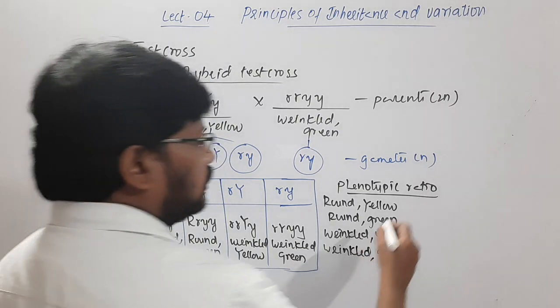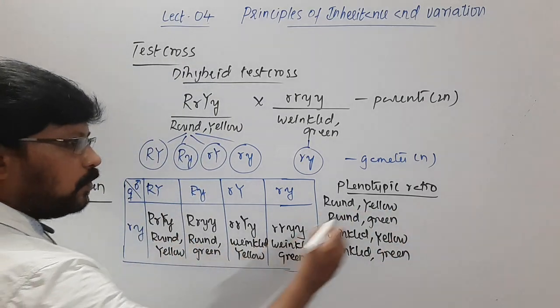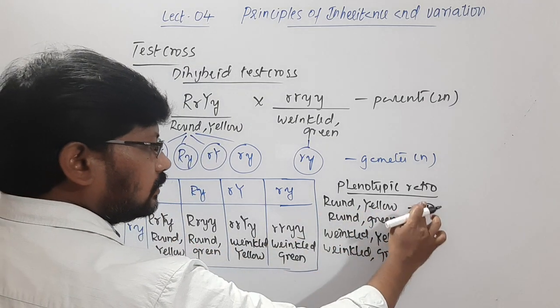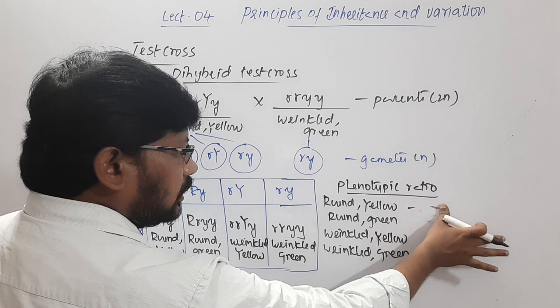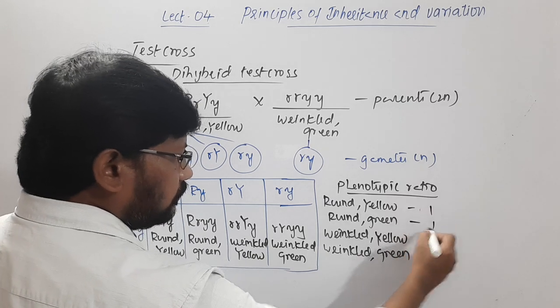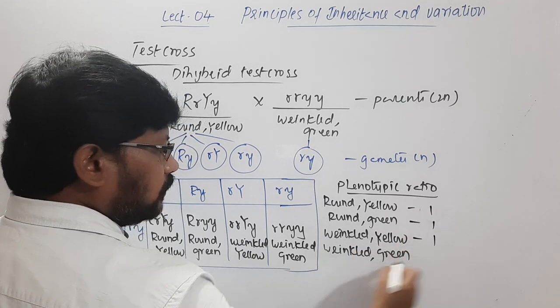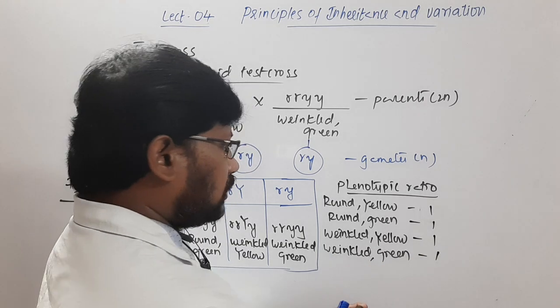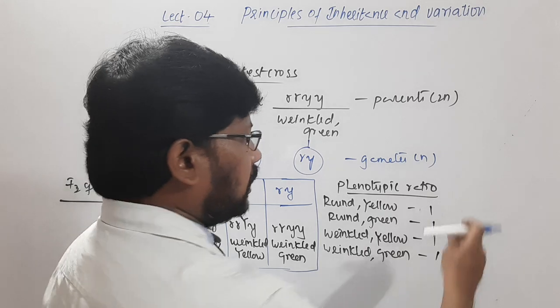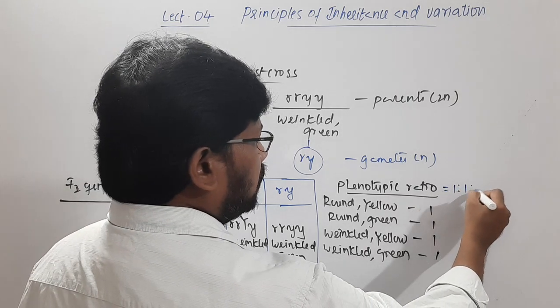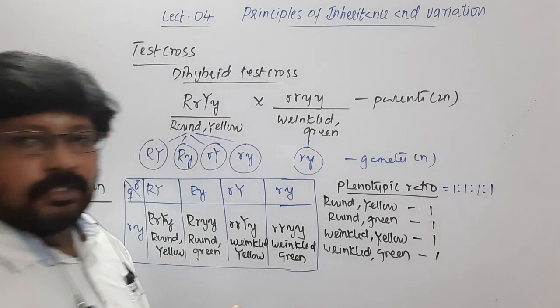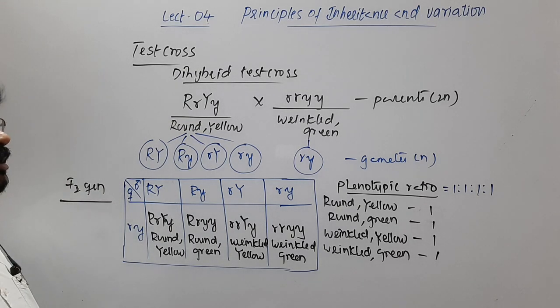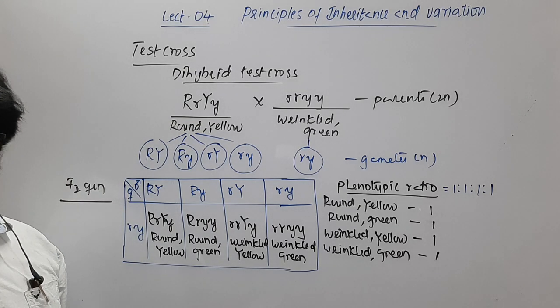So here the round yellow we have is 1, the round green is 1, the wrinkled yellow is 1, and wrinkled green is also 1. So hence the phenotypic ratio will become 1:1:1:1. So that is the phenotypic ratio of dihybrid test cross.